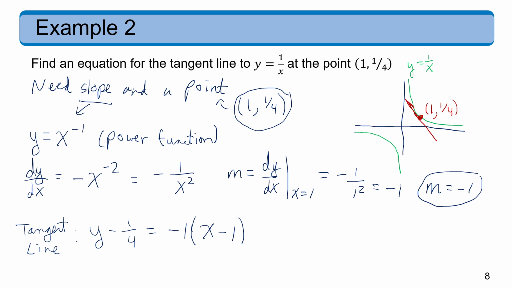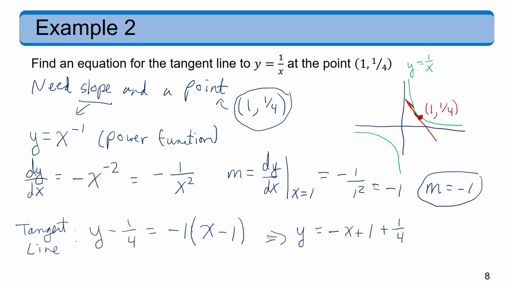It's just that we often like to write lines in the form y = mx + b. So let's do some simplification. Let's do two things. I'm going to add the 1/4 to move it from the left to the right, but I'm also going to distribute that -1 over the parentheses. So that gives us -x + 1, and then here's the 1/4 that I added to both sides.